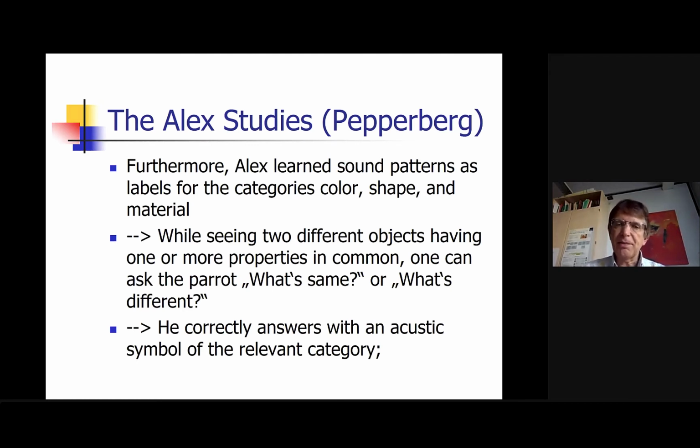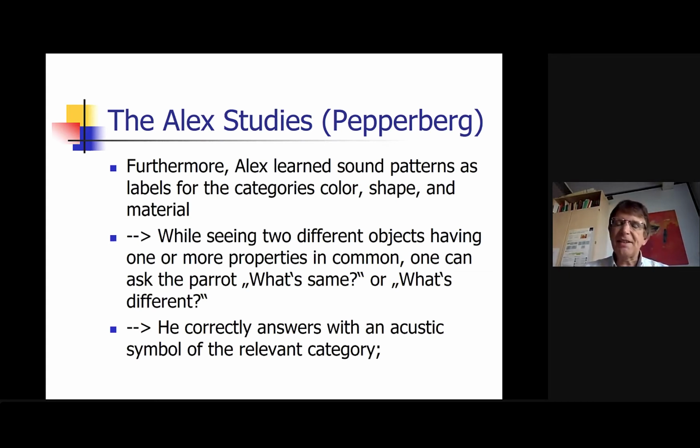This can be shown in the case of Alex because he is able to use the category labels in parrot words, something like color. You show him two different objects, a red wooden square and a red triangle made of glass, and you ask what's same. He could answer with color. What's different? Shape, material.